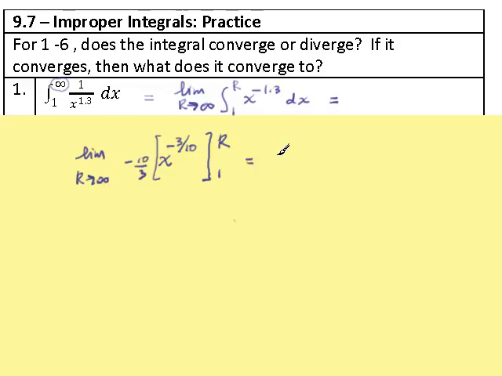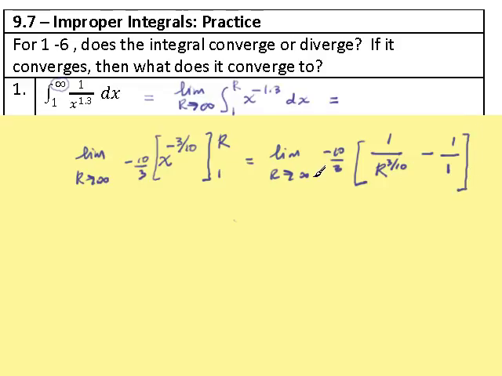Okay, so we have the limit. All right, now substituting in, we have 1 over r to the 3/10 minus 1 over 1 to the 3/10, which is 1.